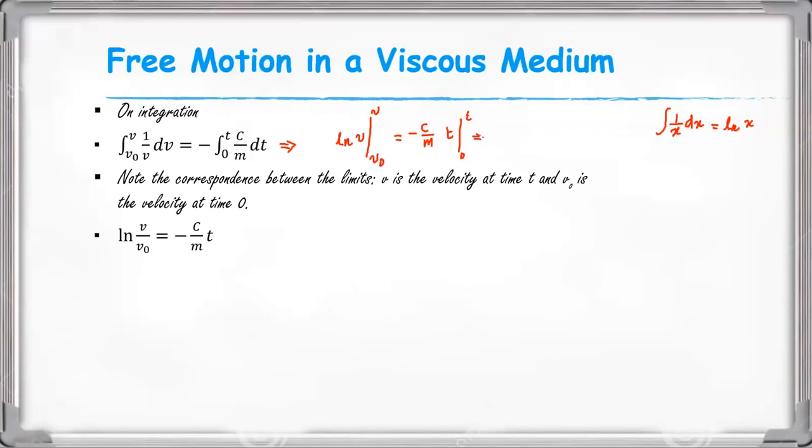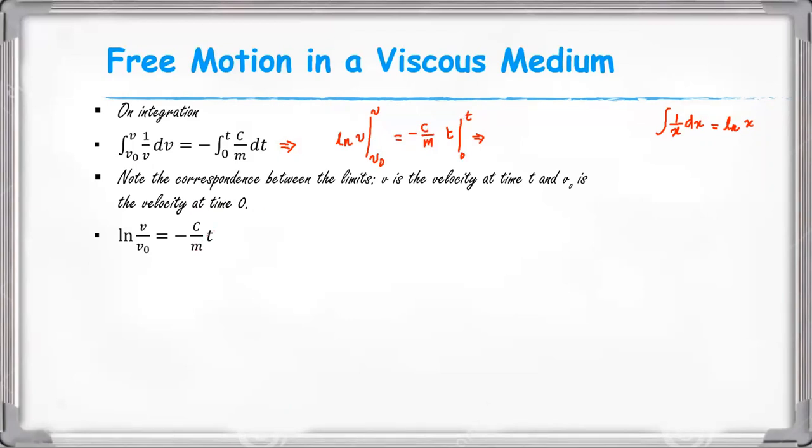Then we apply the limits. First we apply the upper limit, then the lower limit. On the right side, the upper limit is t and the lower limit is 0, so there is no need to apply the lower limit. We apply the upper limit only, giving minus c by m into t.